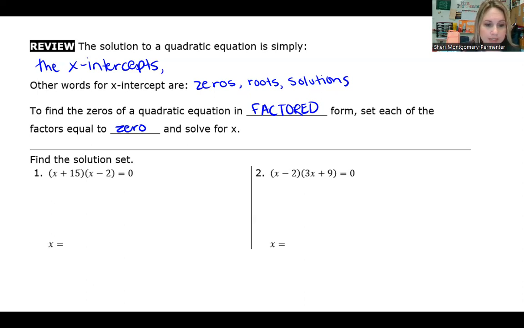So what we're going to do is set each one of these equal to 0, and then we're going to solve. You set each one equal to 0 and you solve. For the branch on the left, if I solve this, what do I have to do? Subtract 15.